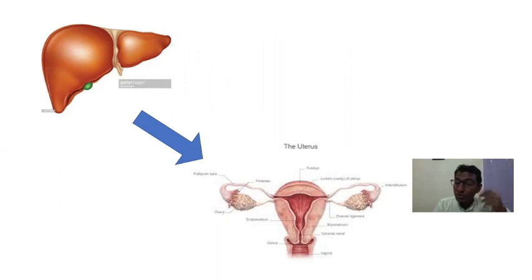If there is too much heat, the body tries to throw it out. So one of the reasons for excess bleeding in the periods could be excess heat in the liver. If you understand this relationship between the uterus and liver, you will be able to do a lot of diagnosis.